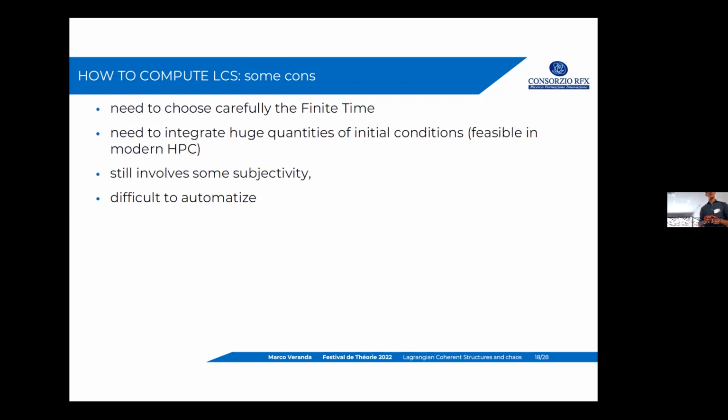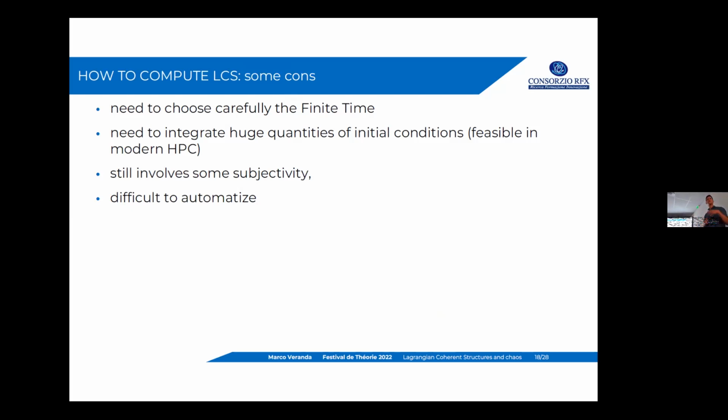This technique is an interesting one, I'll show you later, but it has some, I wouldn't say problems, but some things that need to be discussed a bit more carefully. First of all, the role of the finite time is fundamental, and it is very system dependent. So one has to try a lot to understand what is the correct finite time to observe the stochasticity of magnetic field lines or of the dynamical system.